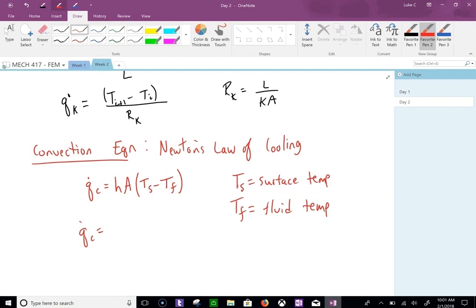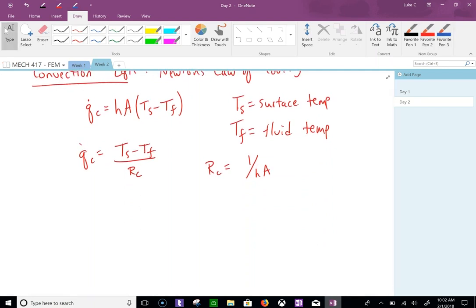It's T S minus T F over R sub C, right? And R sub C is 1 over HA. Questions?